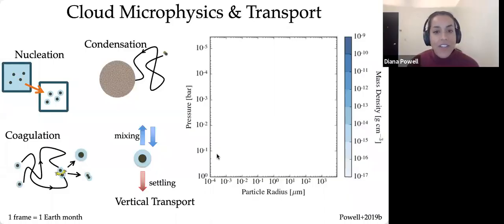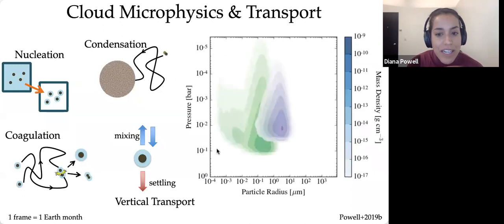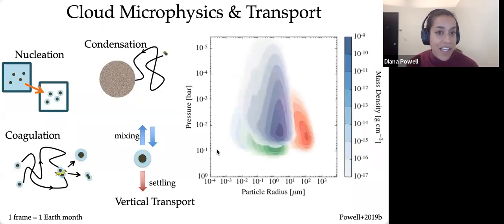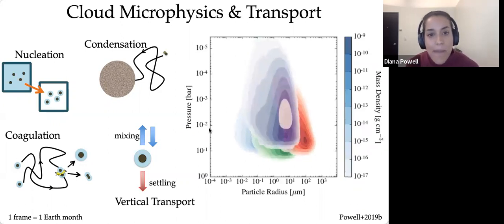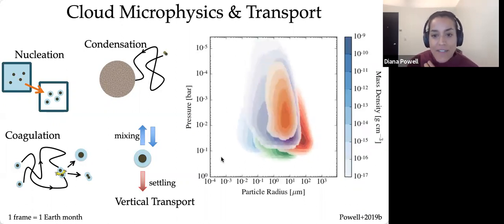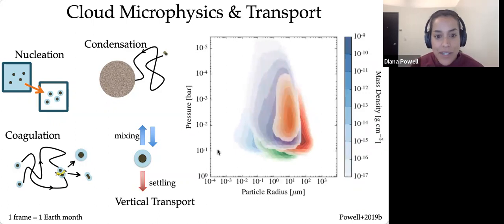Given this, there's a lot that we can learn about planetary atmospheres through studies of clouds. So it makes sense to understand how clouds evolve and form from first principles. On the right here, I'm showing an example of some of the outputs that I calculate of cloud properties in planetary atmospheres. Here I'm plotting the mass density of cloud particles as a function of particle size and atmospheric pressure.